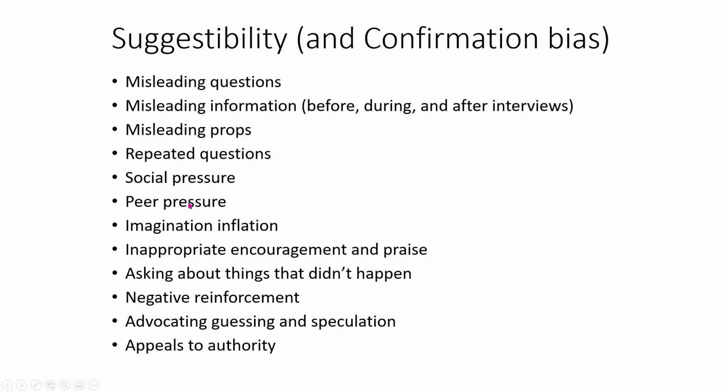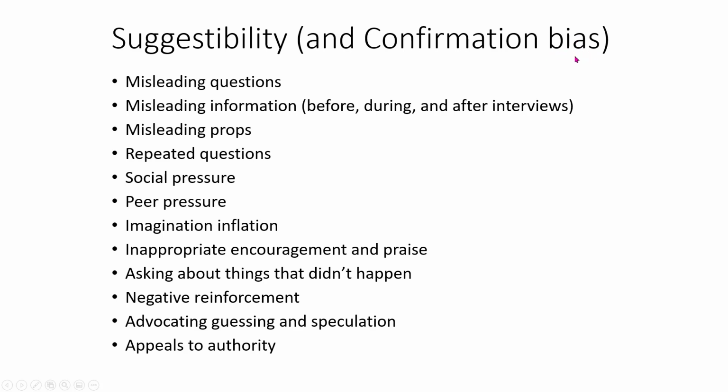So I've just got one more slide here on suggestibility. And in brackets here I have confirmation bias. The biggest threat to the accuracy of information in forensic interviews is interviewer bias.